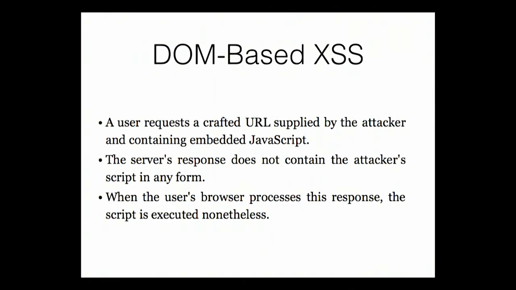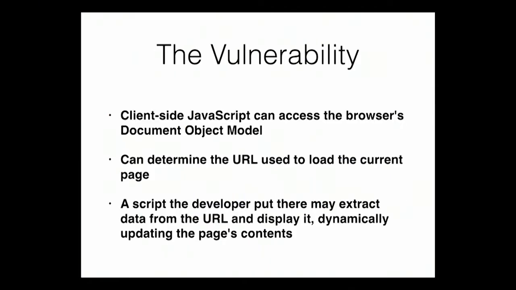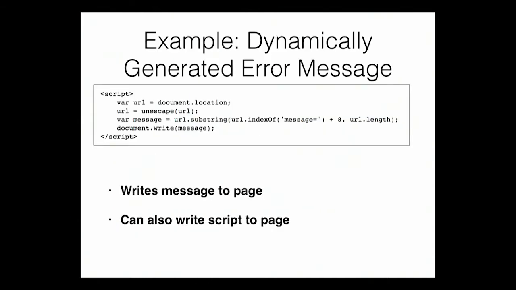I make a malicious link which has script in the link, which then goes in the URL bar of the browser and onto the page without coming from the server. But again, your browser interprets it as having come from the server, and it defeats the same origin policy. This is not that common, but it does happen now and then. So here's a dynamically generated error message where you have a URL, and it puts here the message on the page which came from the URL.